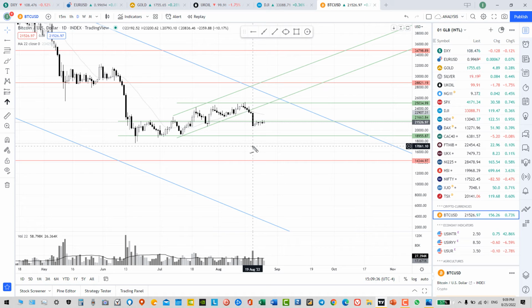I can see it around this monthly support, which is 14,000 area. Of course, it may increase a little bit, it may decrease a little bit, but this is the nearest monthly support. Why is it so?